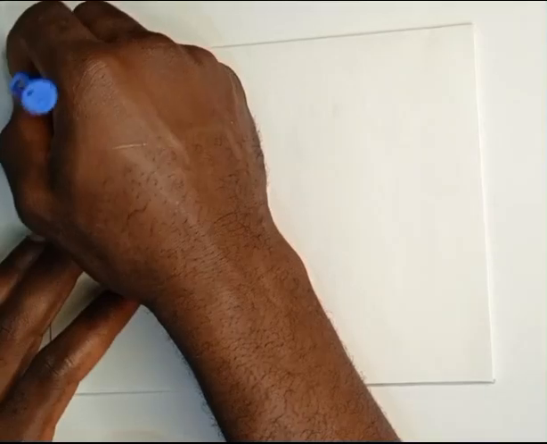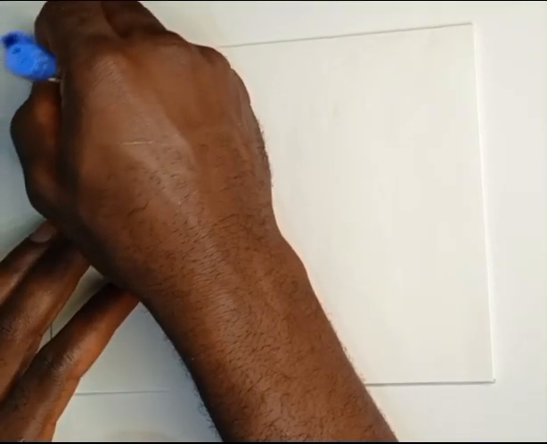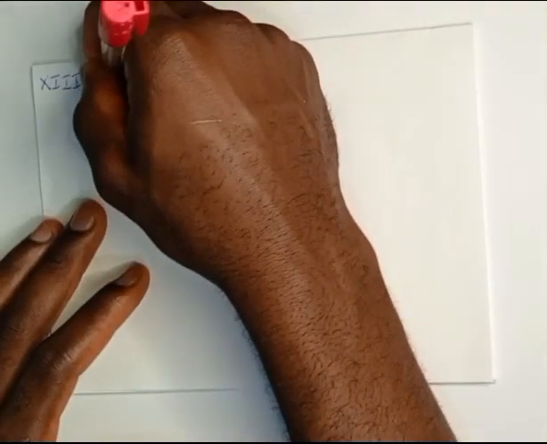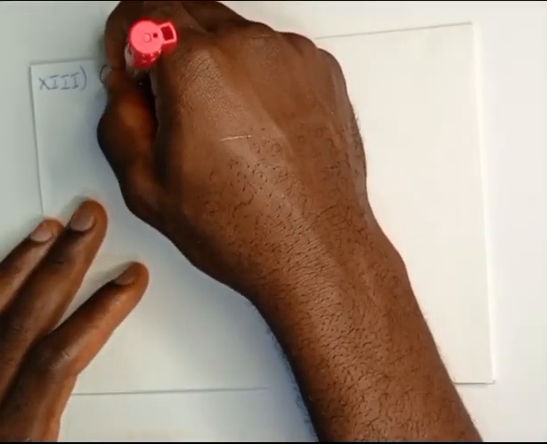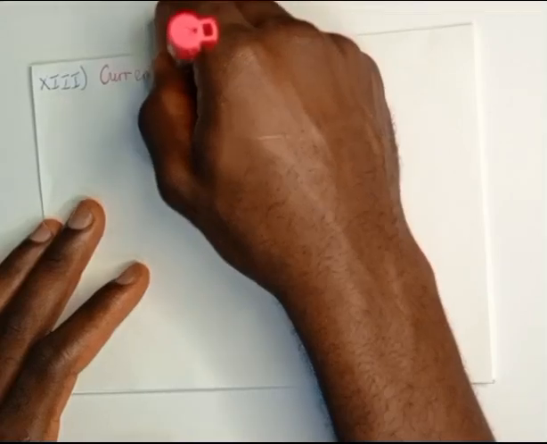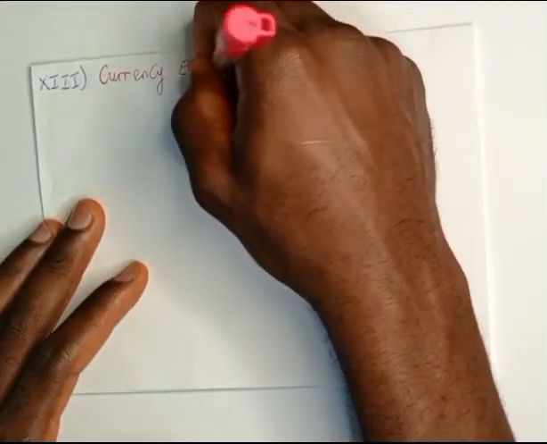Today we are going to treat the last lesson on arithmetic processes, which is currency exchange. Take number 13. Currency exchange.